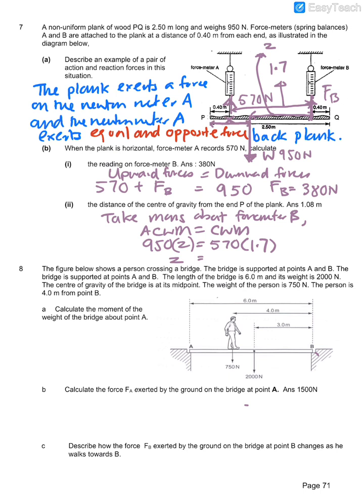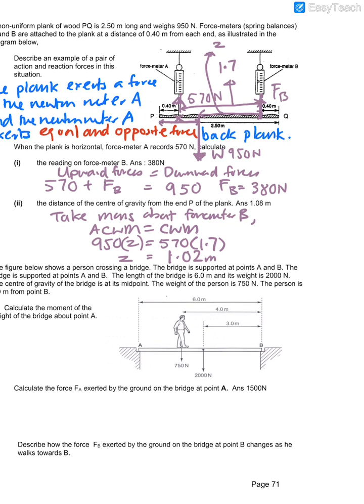570 times 1.7, then divided by 950. Let's see, 1.02. Okay, Z is 1.02 meters. So what is X now?